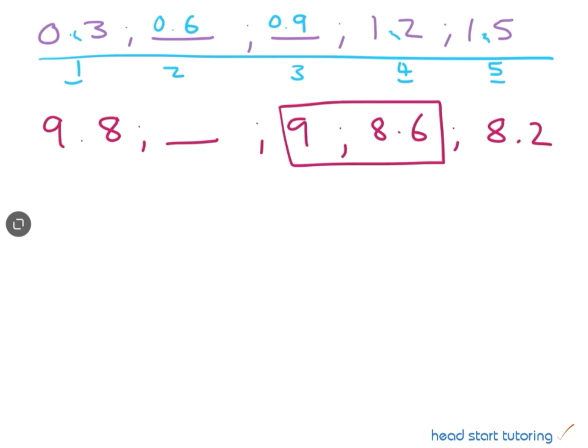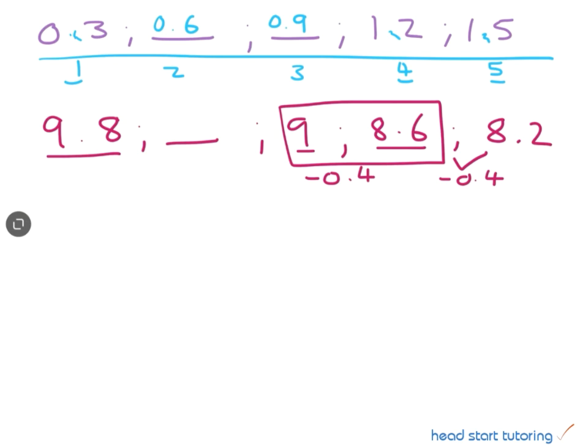So the difference between 9 and 8.6 is 0.4. And because we know that 9 is greater than 8.6, we would be minusing 0.4. And let's see if that is the same with our 8.6 and our 8.2. The difference between 8.6 and 8.2 is indeed 0.4. So again, we were minusing 0.4 to get our next number.